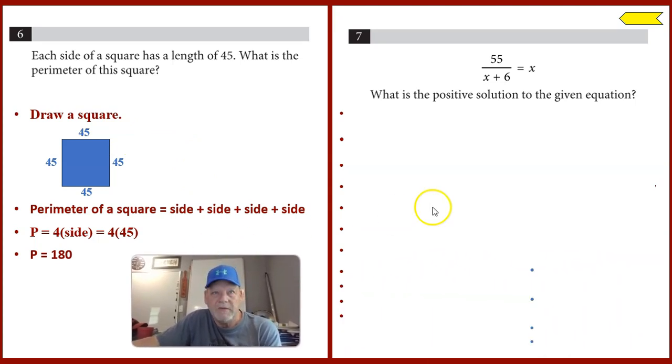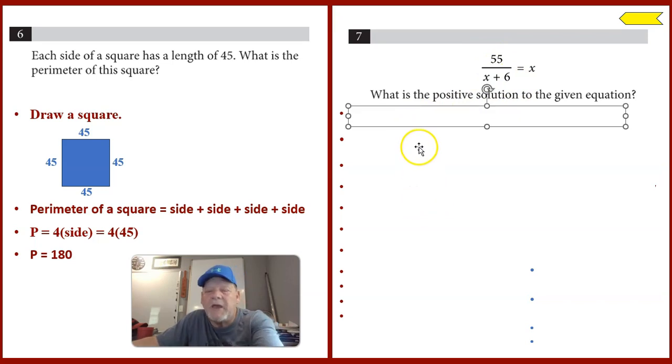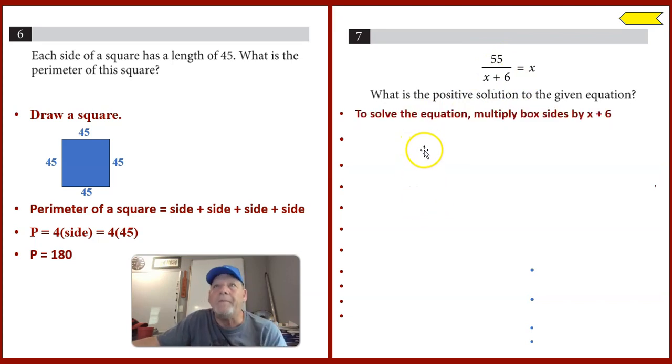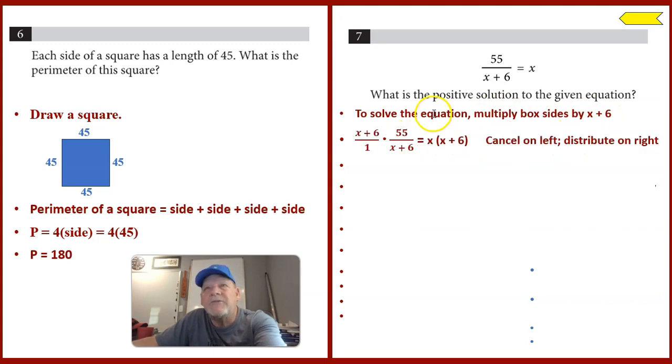All right. So on number 7, if I have 55 over x plus 6 equals x, this just becomes kind of a complicated algebra problem. To solve the equation, you're going to multiply both sides by x plus 6. The reason you do that is so you can cancel it out.